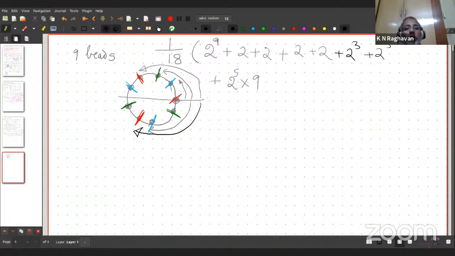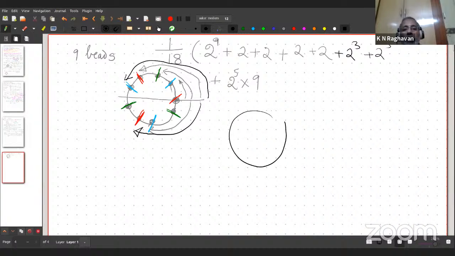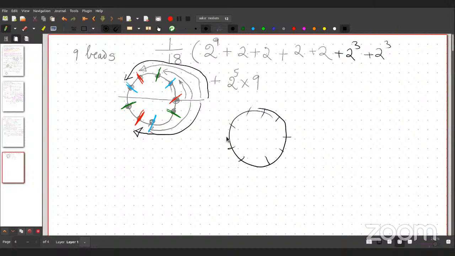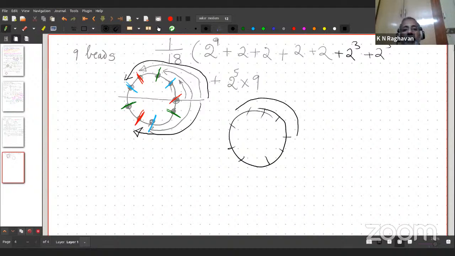Let's do it for this rotation. So let me draw a different picture here. I hope I do this correctly. Okay, my picture may not be great, but I hope you understand, right? So we are doing this rotation. So let's start.